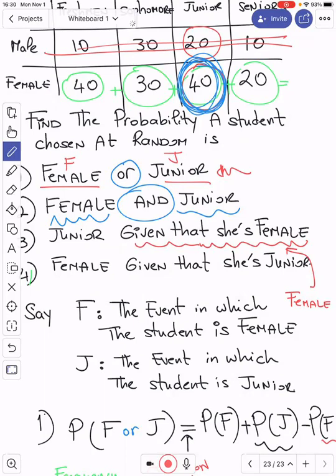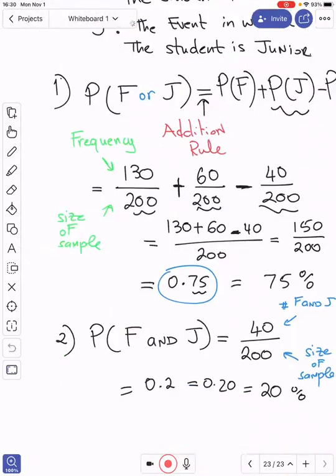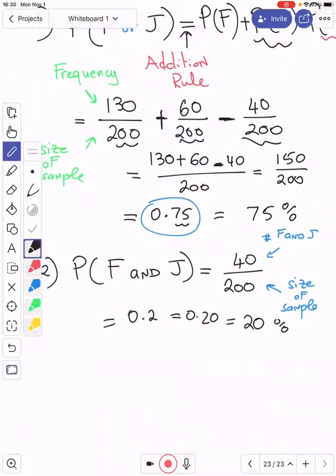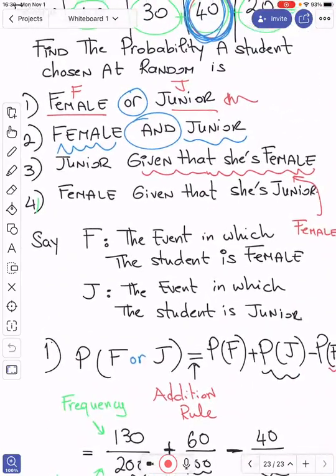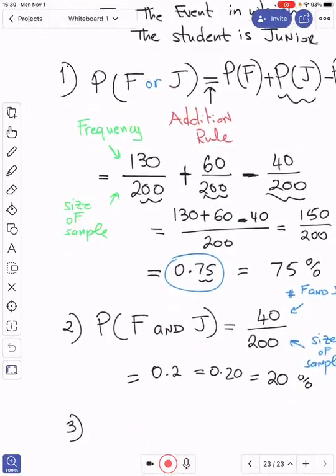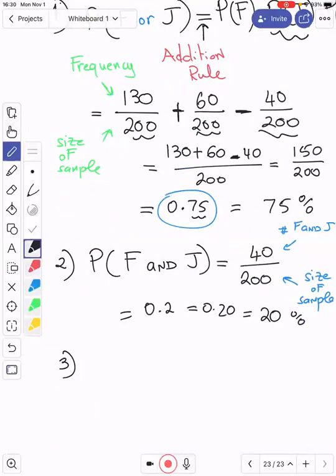Now, this is the probability that the student is a junior, given that she's a female, right? So that's the probability of J, junior, given that she's a female.